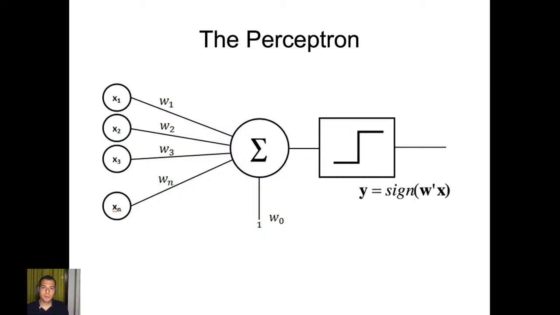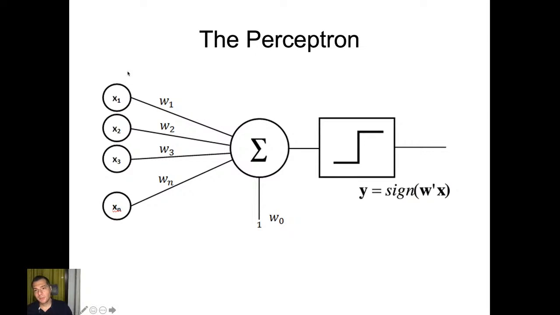Okay, so the perceptron is a linear model that looks something like this. It tries to model a neuron, so it's a mathematical model of the neurons in our brain.